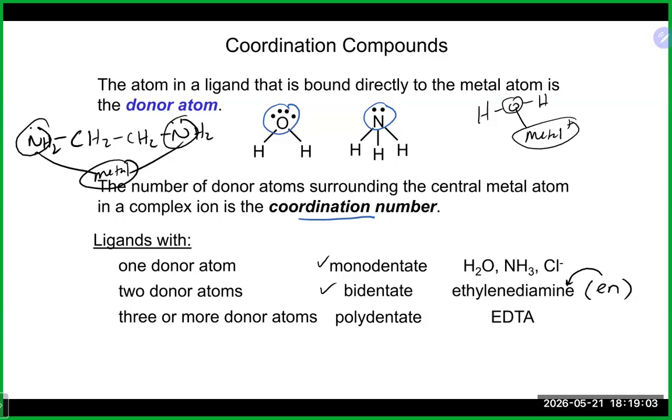The other very common bidentate ligand is our good friend oxalate. Oxalate is also bidentate. If you draw up oxalate, it looks something like this. And oxalate actually has 2 single bonded oxygens, each with a negative charge on it, which again makes them pretty good ligands.